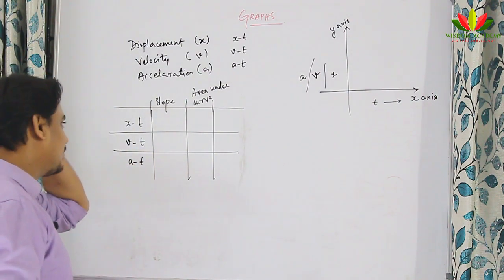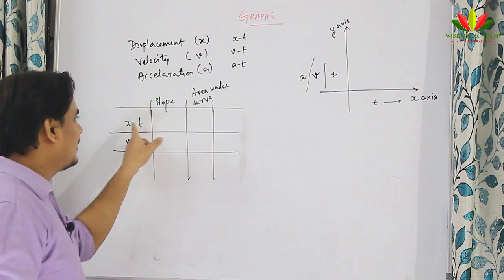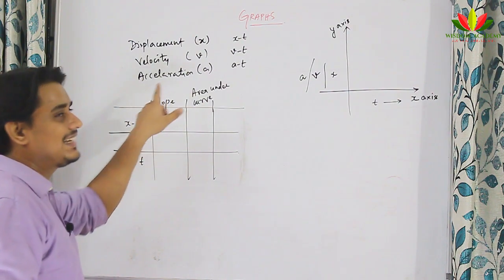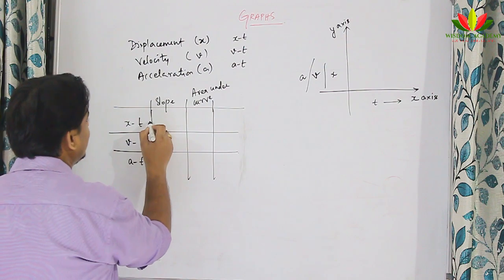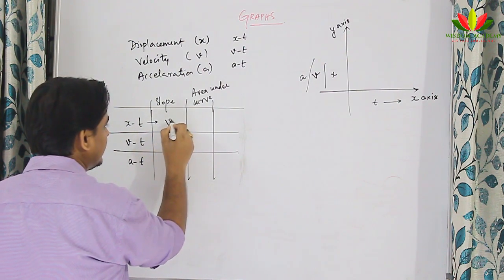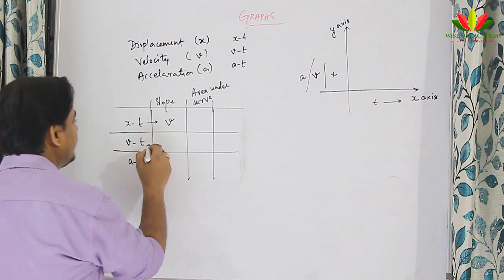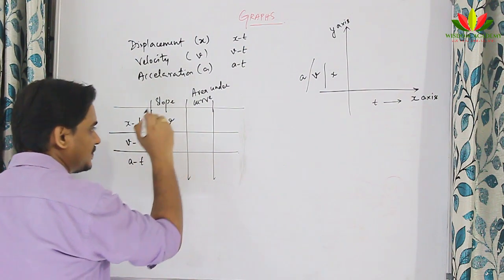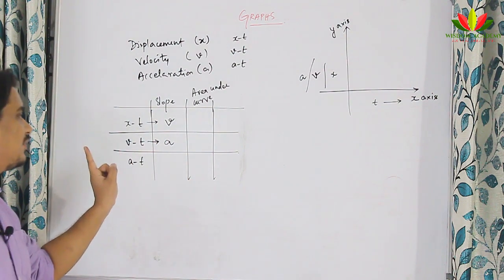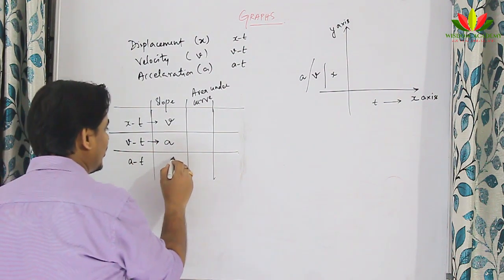Okay. So remember that the slope of xt graph will give you velocity. Slope of vt graph gives you acceleration. Whereas slope of at graph actually does not give any information.